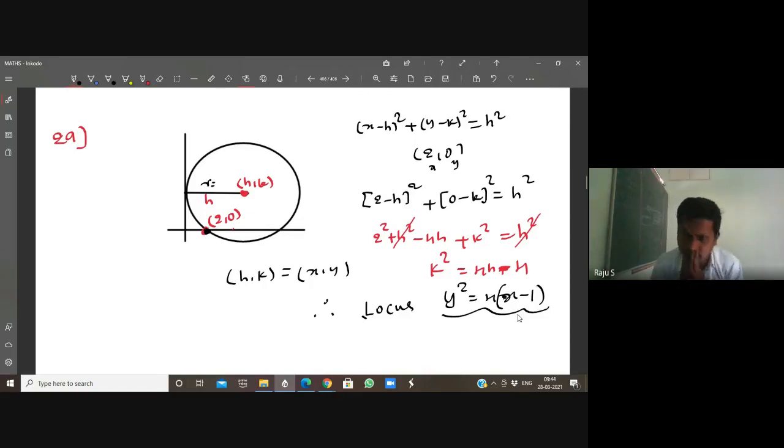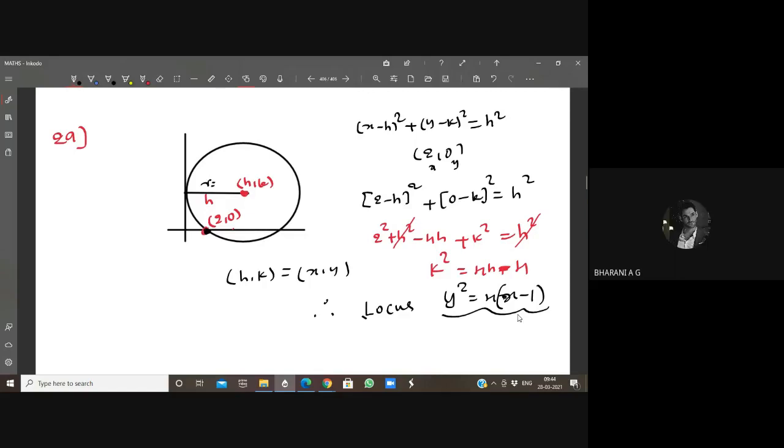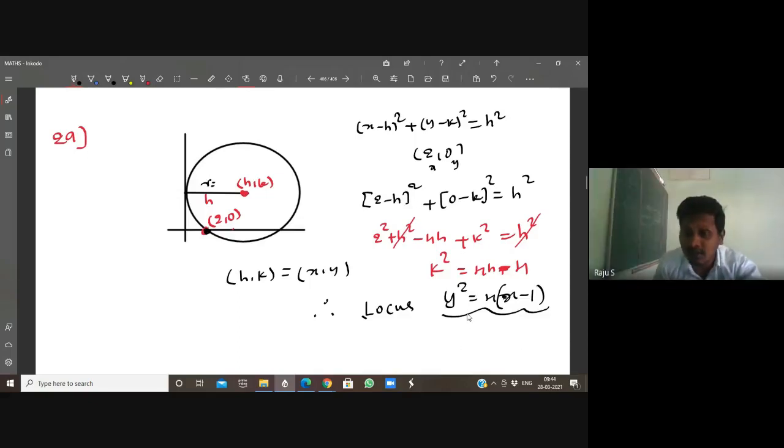Yes. So it looks like y square equal to mx minus b. Is it a straight line? No. This is the general form of a parabola. y square is equal to 4x. Okay, the central form h comma k.